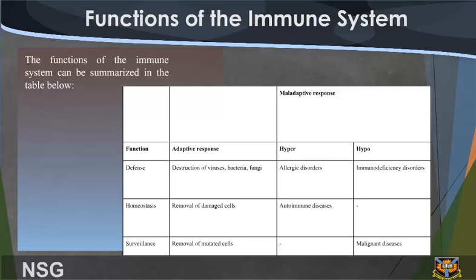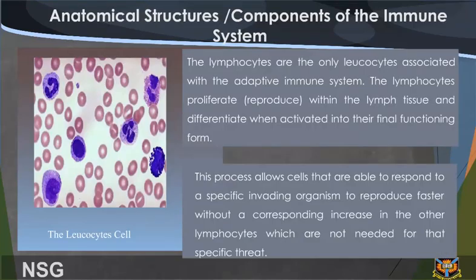Functions of the immune system. The functions of the immune system can be summarized in the table below. See table. The lymphocytes are the only leukocytes associated with the adaptive immune system.